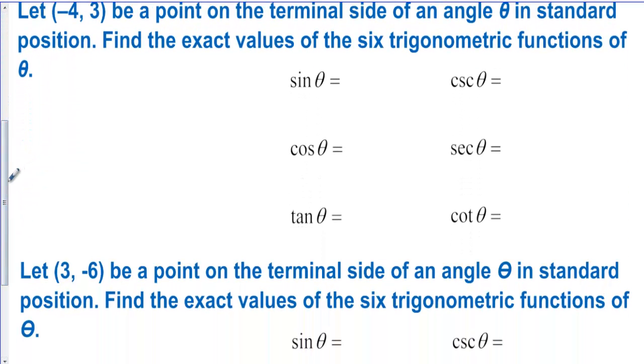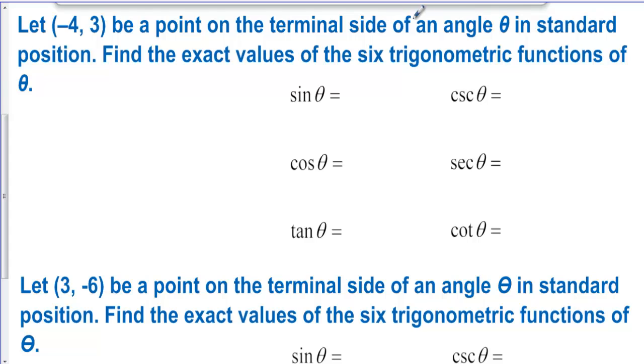Let (-4, 3) be a point on the terminal side of an angle theta in standard position. Find the exact values of the 6 trigonometric functions of theta. So we're going to plot (-4, 3). 1, 2, 3, 4. 1, 2, 3. There's (-4, 3). And we're going to find the trig values of that angle right there.